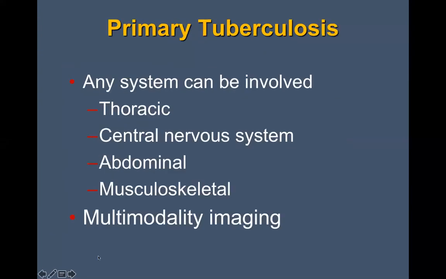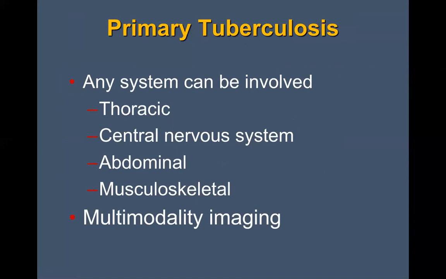And I'll talk a little bit about how you can use advanced imaging to really help you solve special problems in these patients. So of course, primary tuberculosis is the main thing that we're talking about when we're talking about TB in children. That's the most common form, and it can affect almost any body system, but the chest disease is the most prevalent and what we're usually looking for first.